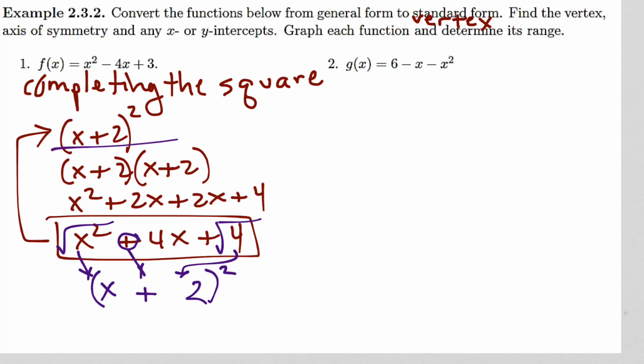So if you follow that pattern, you could go from the perfect square trinomial to the factored form of the perfect square trinomial, which is a binomial squared.